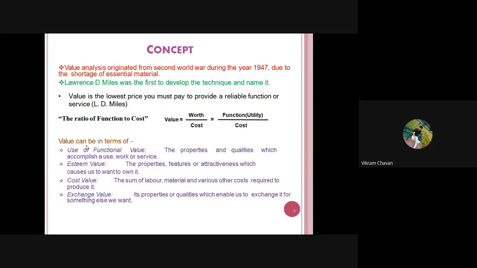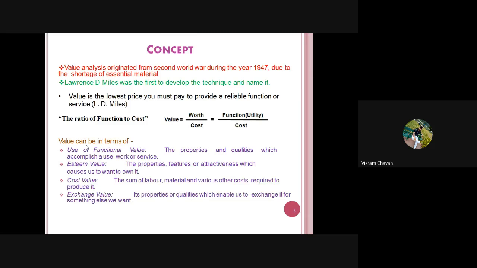The sum of labor, material, and various other costs required to produce it will be considered as the cost value of the product.